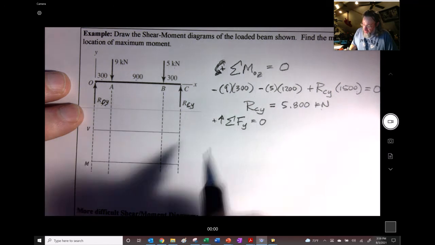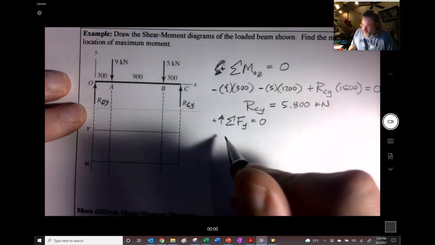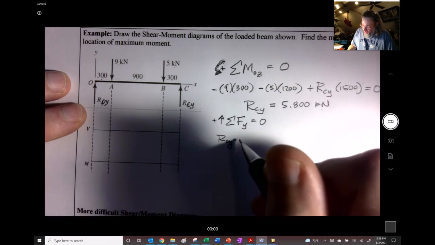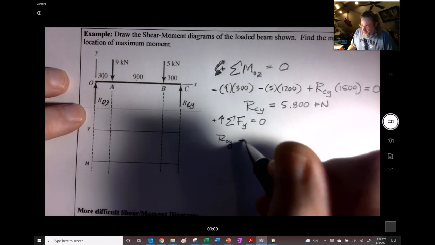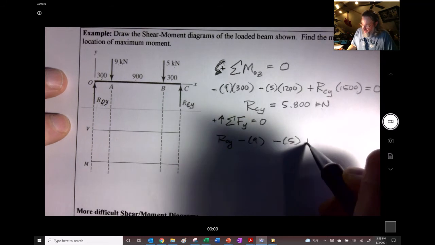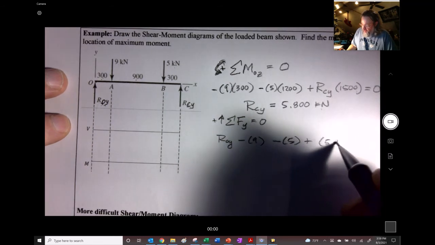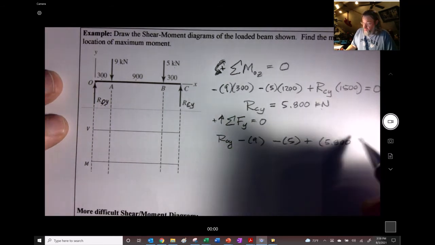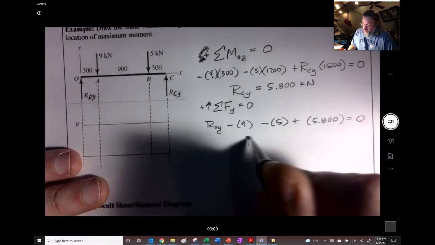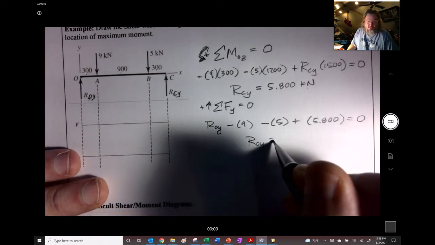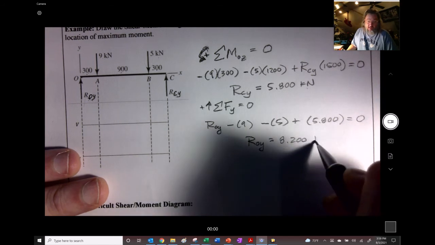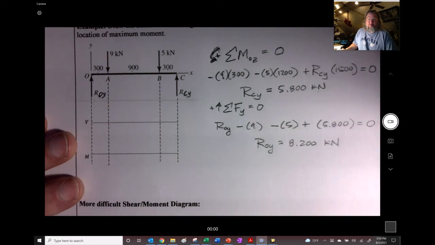And say that's going to be upwards for us. So we say ROY minus 9, minus 5, and then plus 5.800. And we end up with a ROY equal to 8.200 kilonewtons, right?